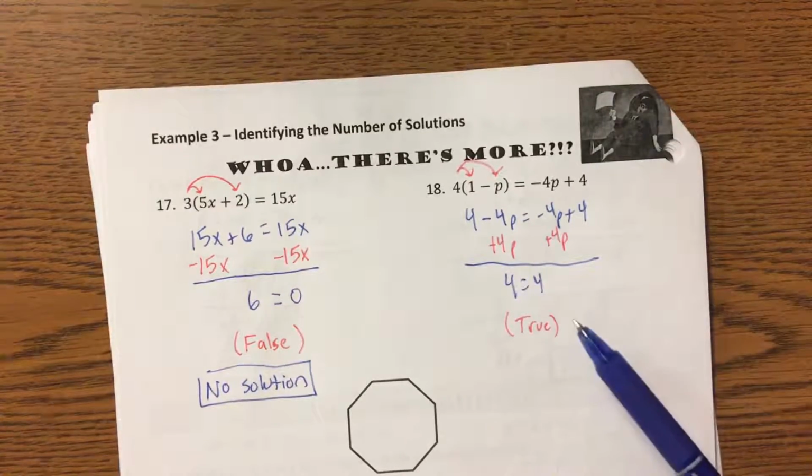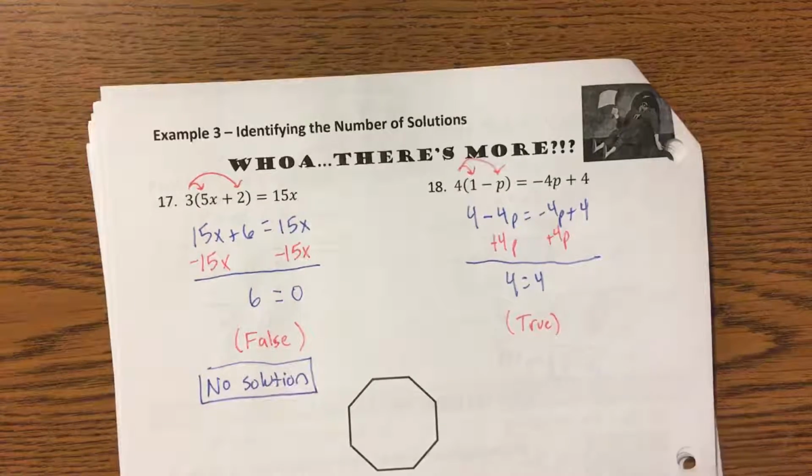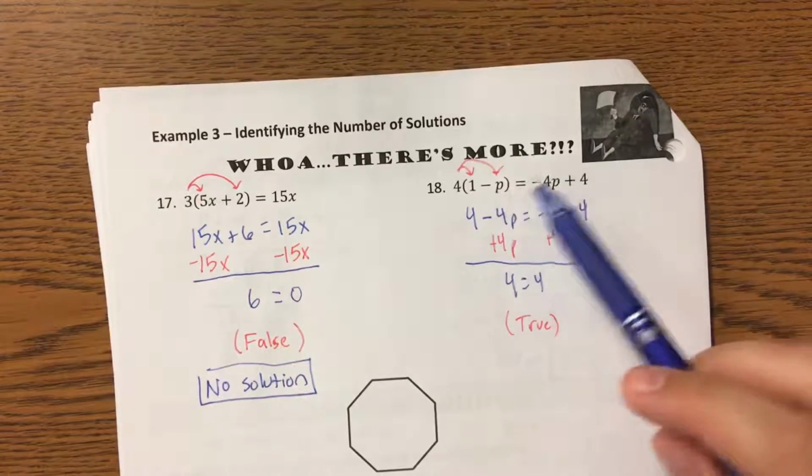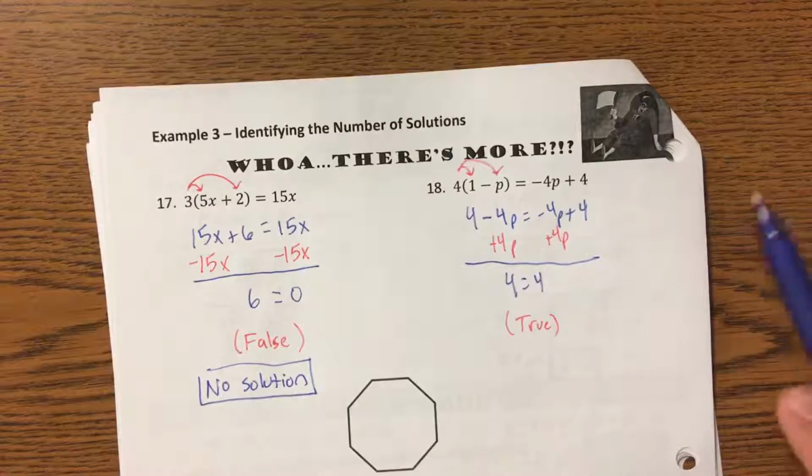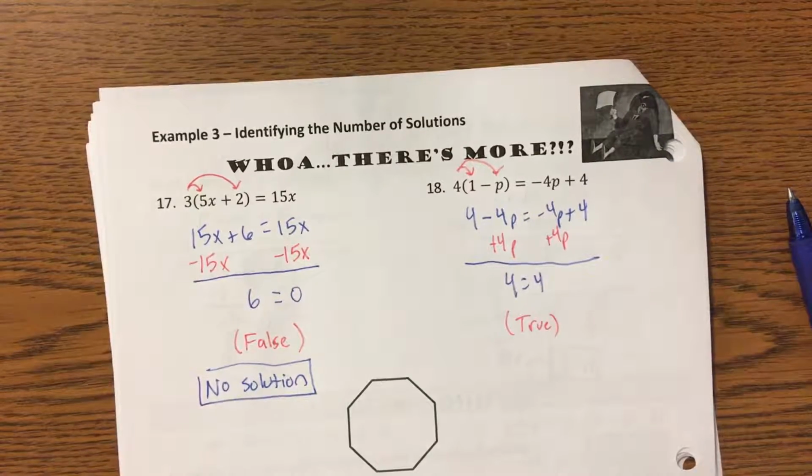However, if you end up with a true statement, you end up with something called an identity, which is a statement that will be true for all the numbers on the number line. It doesn't matter what you plug into p here; you could test any number you want, and it'll work. Usually in these linear equations, how many solutions are we typically getting? Just one, right?